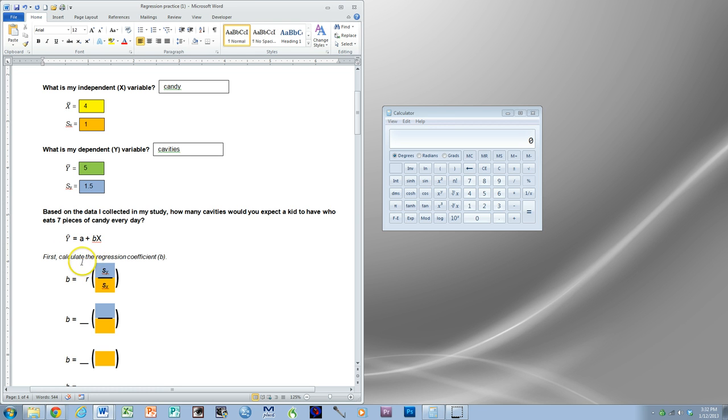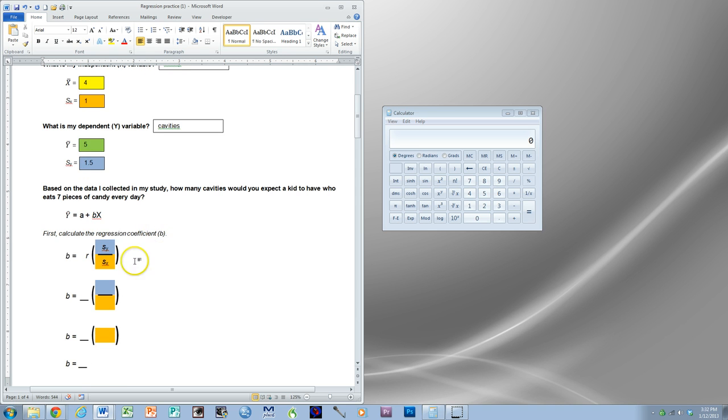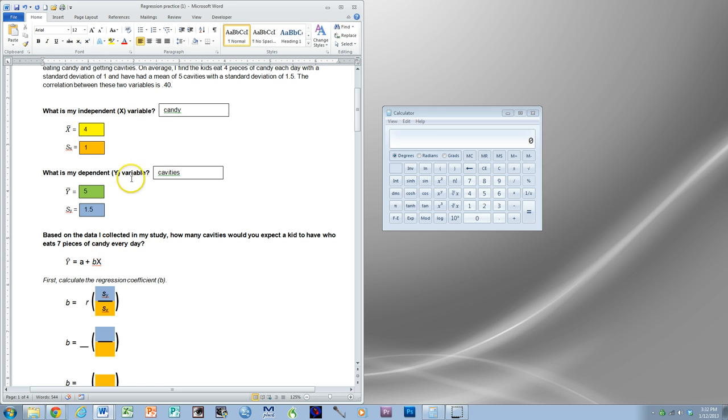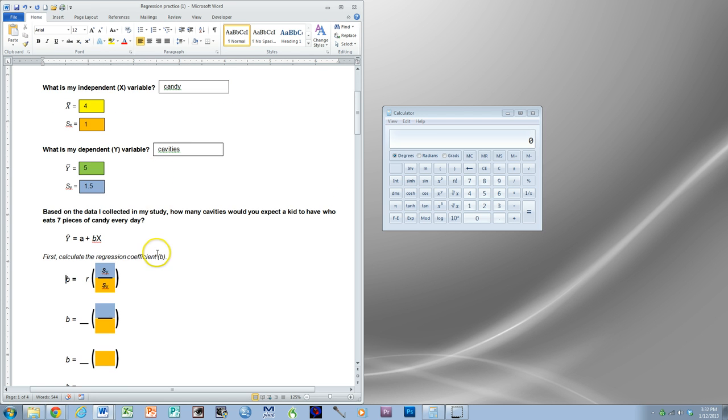So first thing we have to do is calculate the regression coefficient, or b. The formula for b is r, which is the correlation, which we already know is 0.40, times the standard deviation of the y variable, which is cavities, over the standard deviation of the x variable, which is candy.